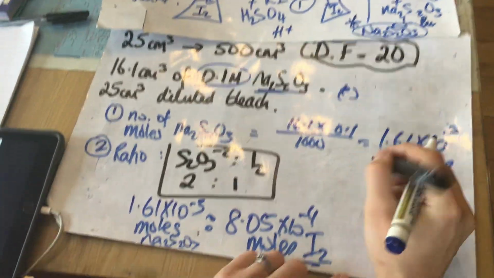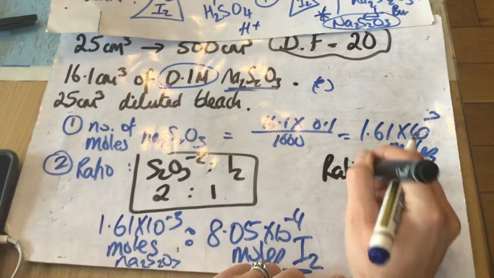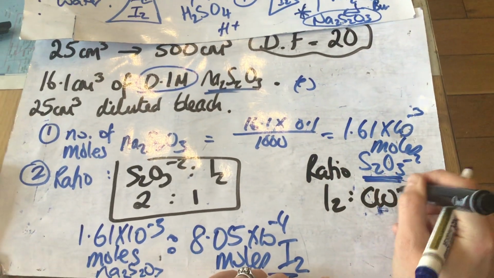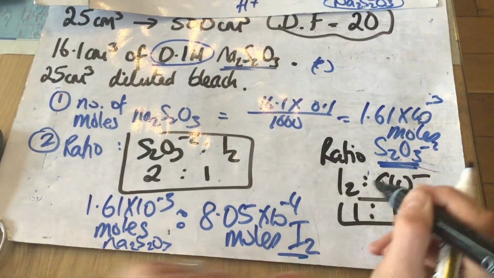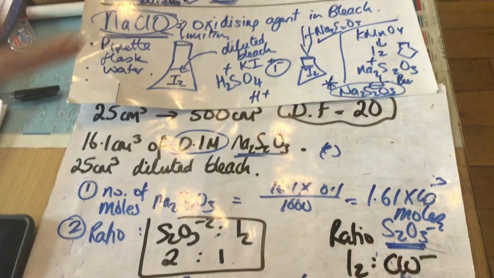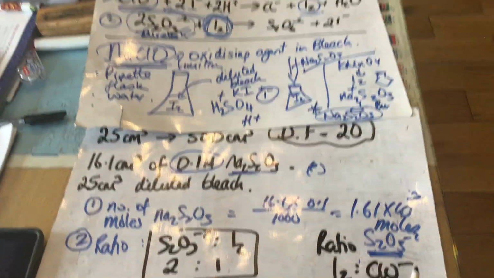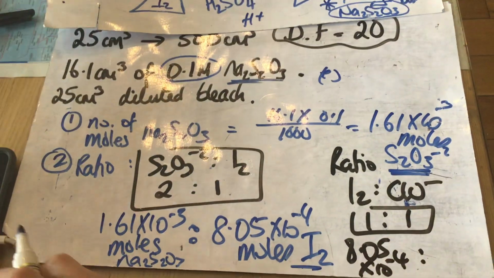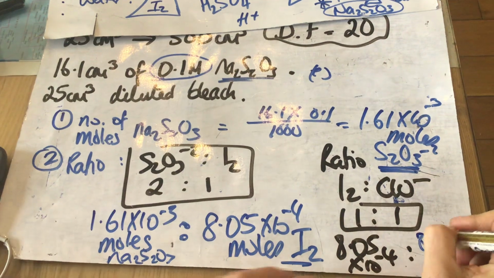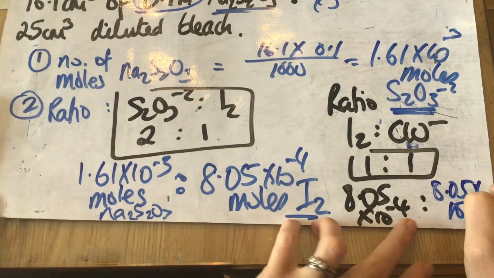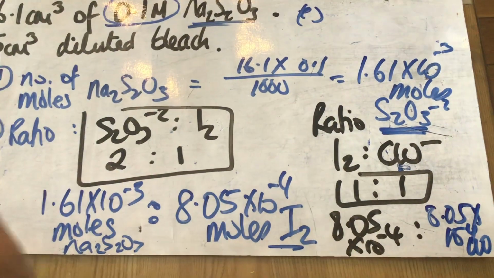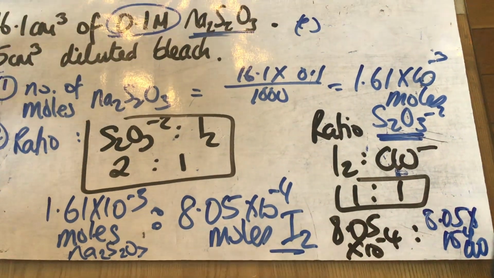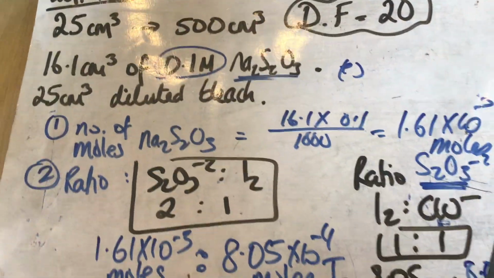So ratio number 2, iodine to hypochlorite, is 1:1 from my first equation, what's happening in the flask. I know that I have 8.05 by 10 to the minus 4 moles of iodine. So I am going to make 8.05 by 10 to the minus 4 moles of the hypochlorite, or I'm going to need, I suppose, moles of the hypochlorite, okay?